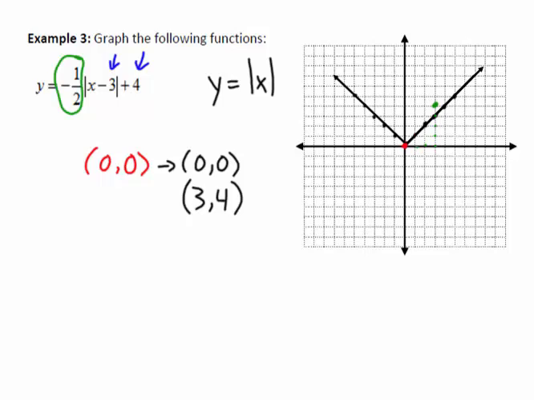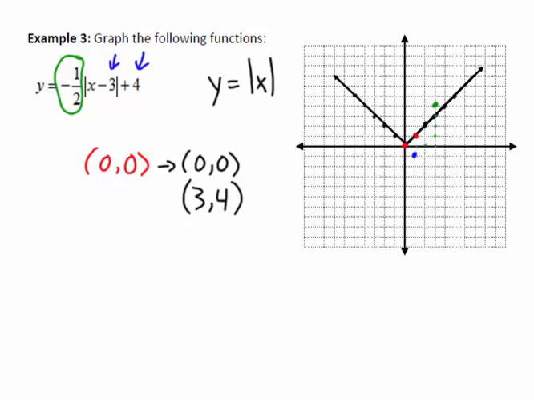I'm going to choose the point (1, 1). There's our coordinate (1, 1). If we were to take the coordinate (1, 1), let's do this all in one step. Here's the original point. When we reflect it across the x-axis, it's going to end up here. Now we're going to take the y value and multiply it by 1/2.